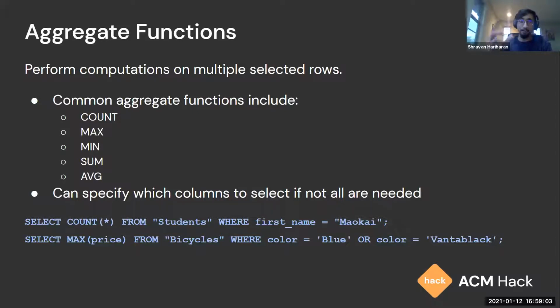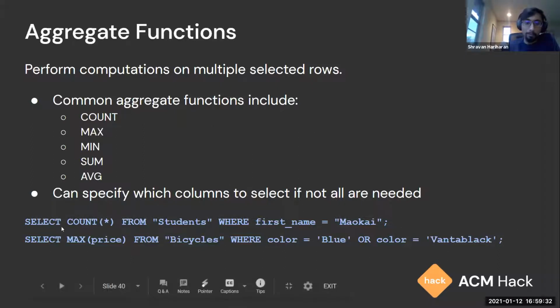So I can count all the students who have the first name of Maokai, for example. If your first name is Maokai, you have a dope first name. Otherwise, we can select the maximum price from bicycles where the color is blue or the color is Vantablack. We can write aggregate functions in our select, in place of the column names, and we can still specify column names in these aggregate functions.